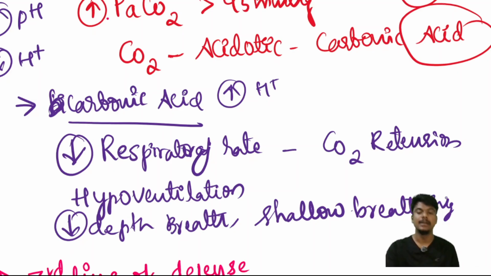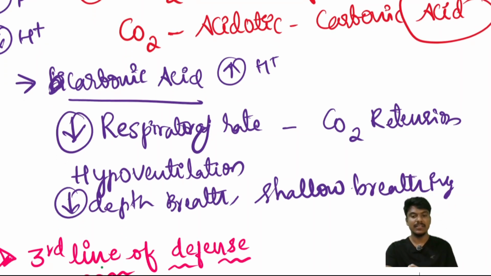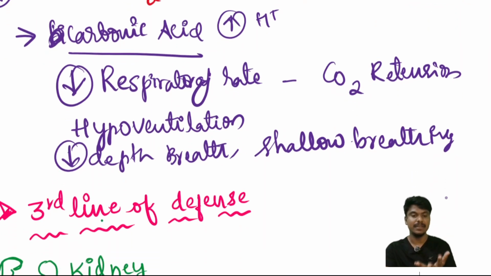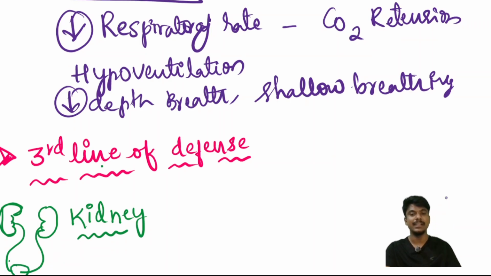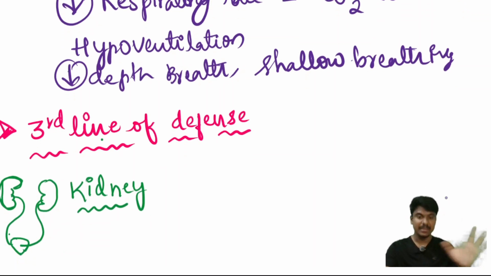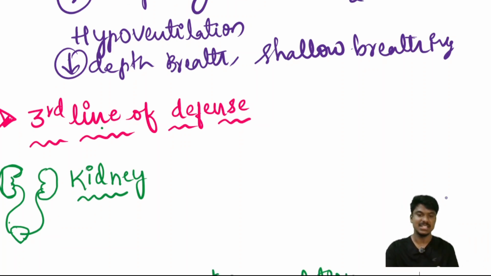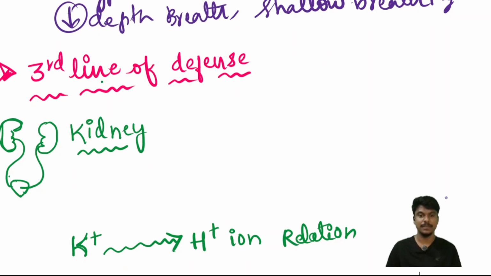Now the third line of defense, the third line of compensatory mechanism, is the definitive management of your acidosis. It is final, but very vital in compensating acidosis and alkalosis.